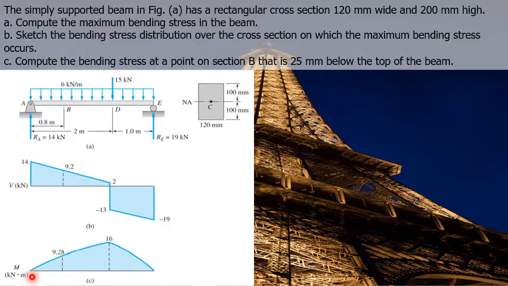Next, we sketch the moment diagram. At point A, we have no couple, so we begin with 0.